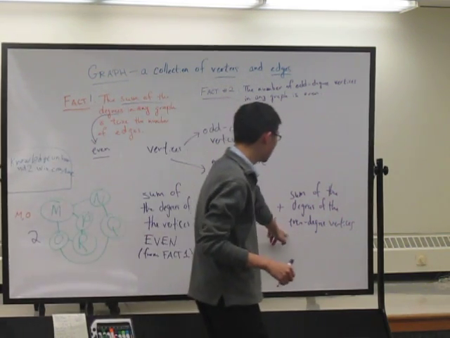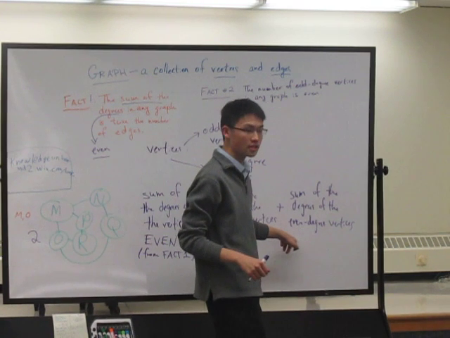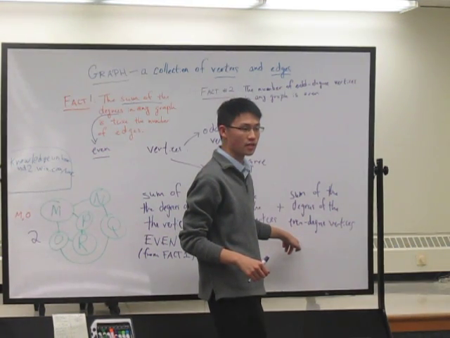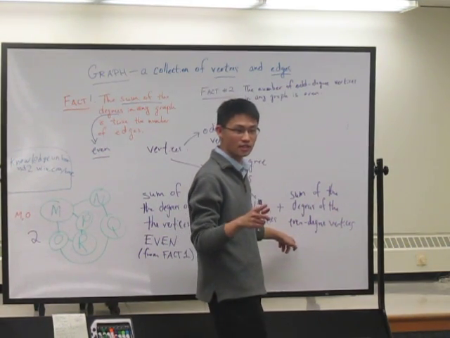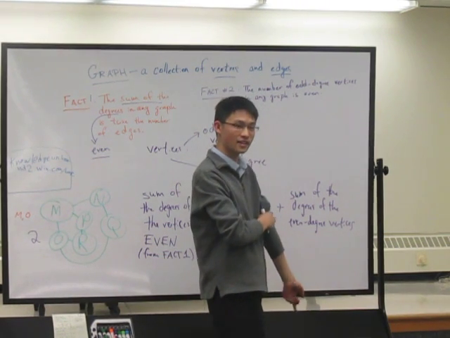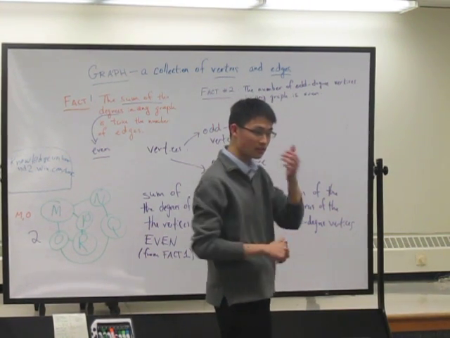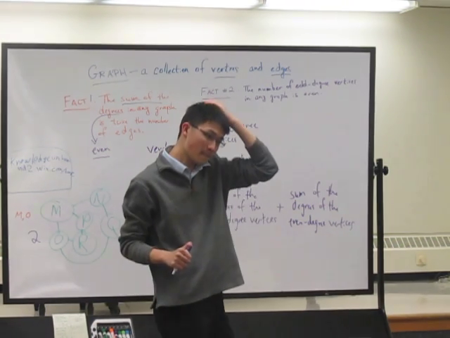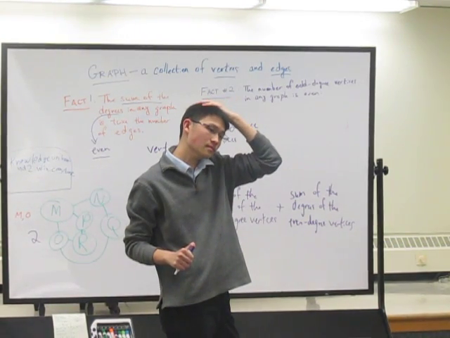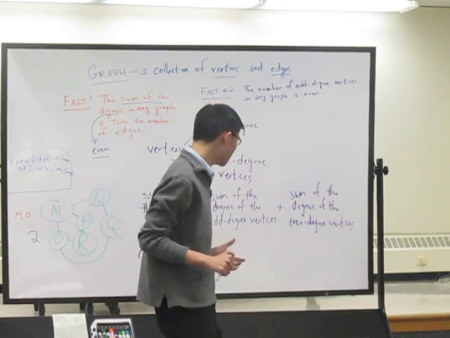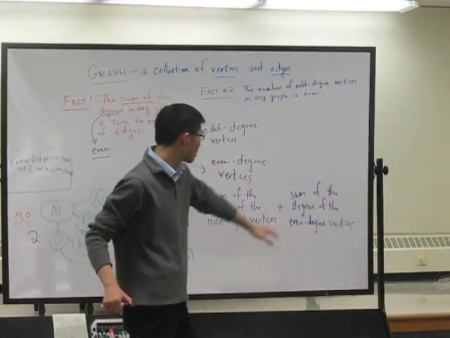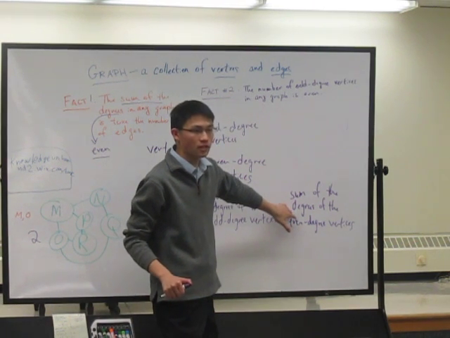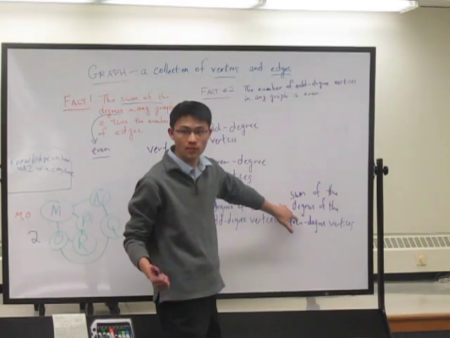What about the sum of the degrees of the even degree vertices? What kind of number is that? It's also an even number. Why? Because any even number times any number is still an even number. So basically what William is saying is, here, we're just adding up a bunch of even numbers.